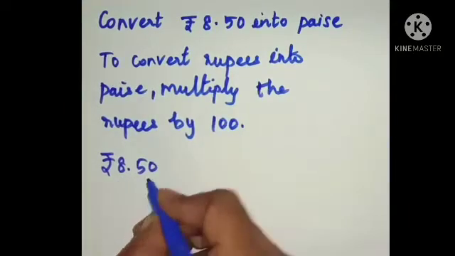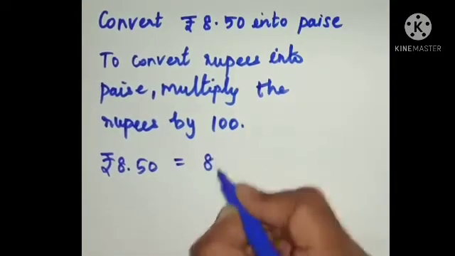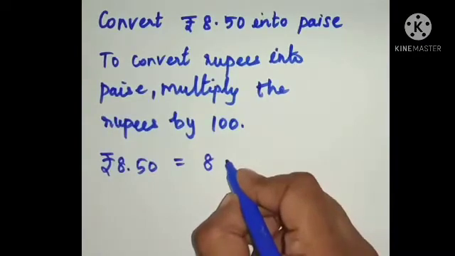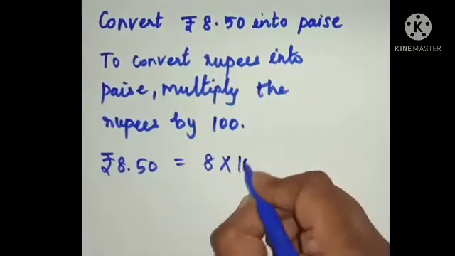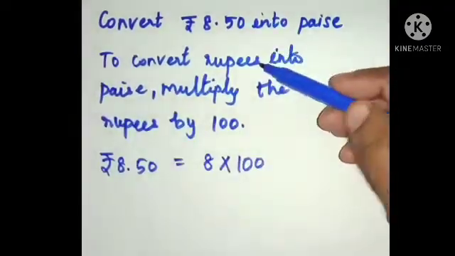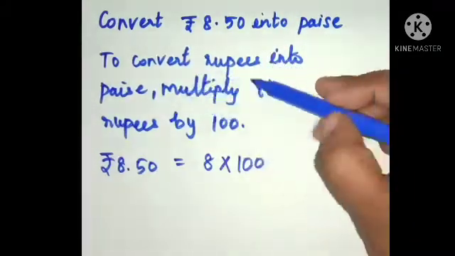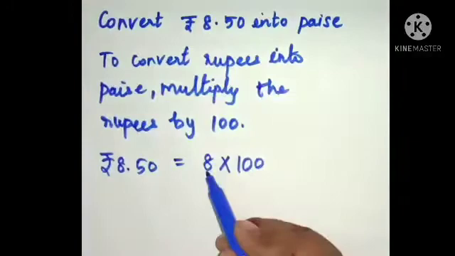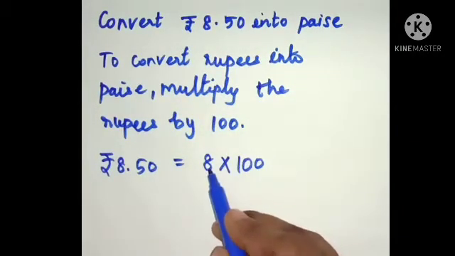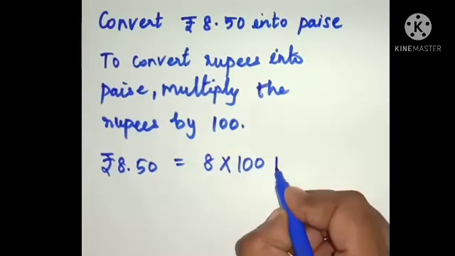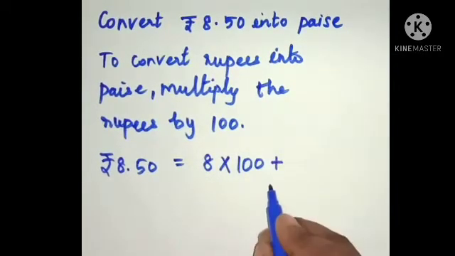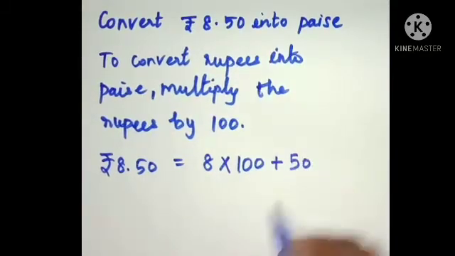Therefore, 8 rupees 50 pies can be written as 8 into 100 because we are converting rupees into pies. To convert rupees into pies, multiply the rupees by 100. So here 8 represents rupees. So we need to multiply 100 with rupees 8 and add the pies value.